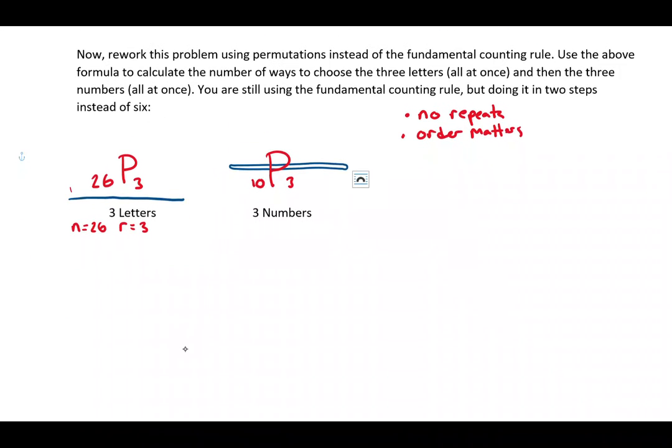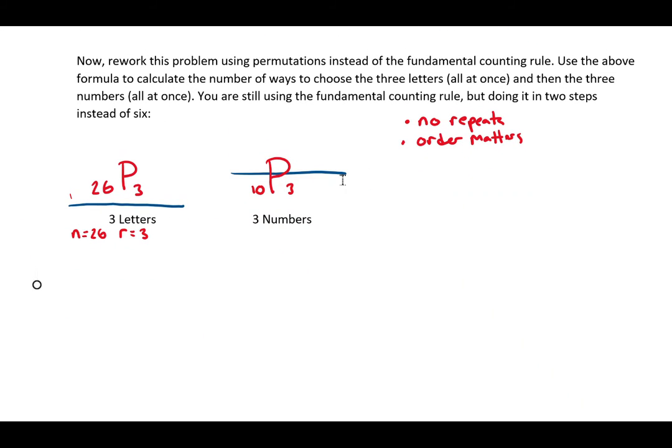So let's say, there we go. So this first permutation would be 26 factorial divided by 26 minus 3, which would be 23, factorial. And the fundamental counting rule says we multiply these two numbers.